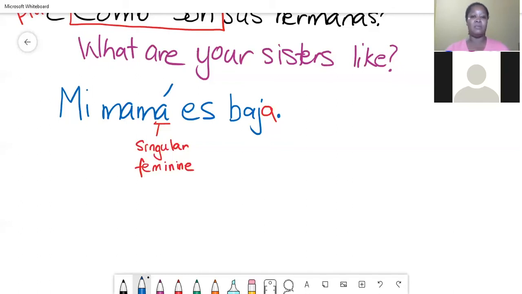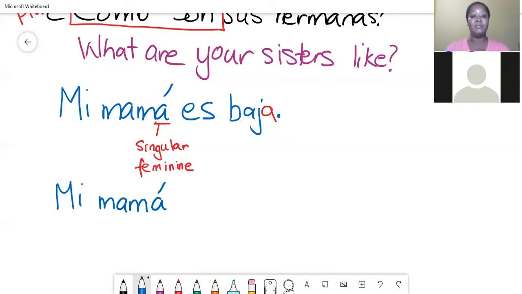Suppose I wanted to say something about her in terms of her personality. The concept would be the same. Whatever adjective I am using to describe the person, once I know if the person is singular masculine, singular feminine, plural masculine, plural feminine, the adjective will match that person accordingly.